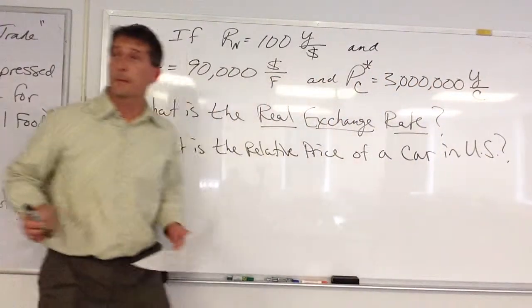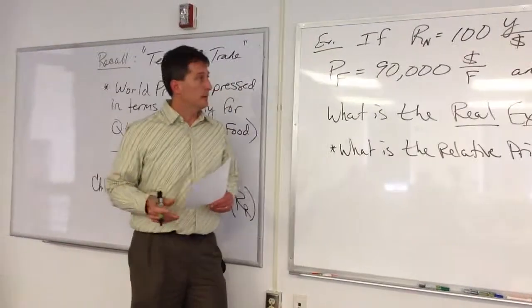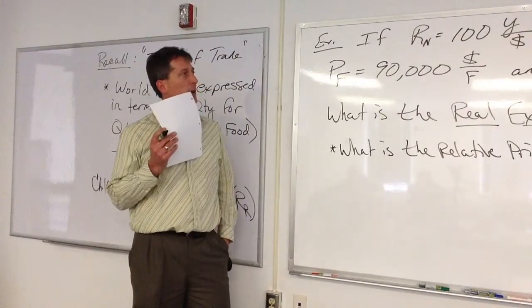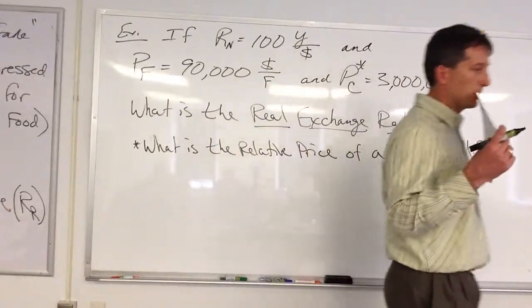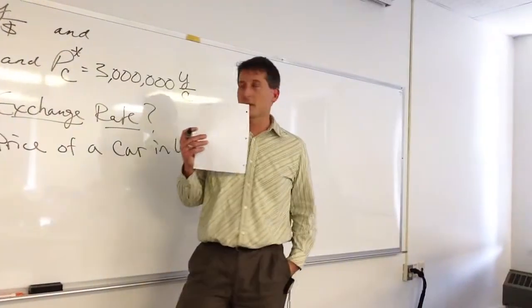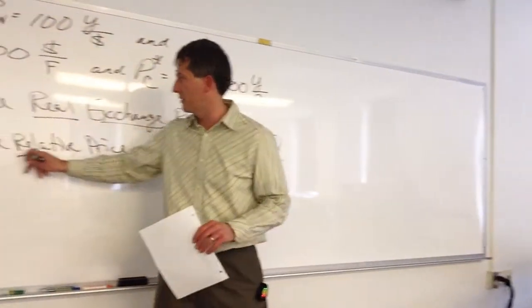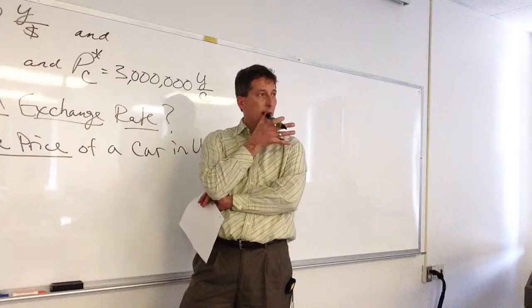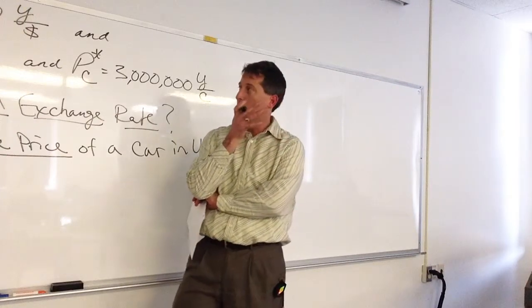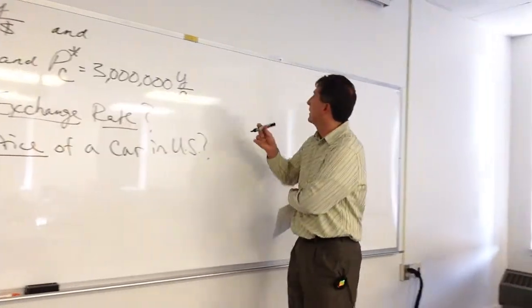What's that? You ever do it solely on the amount of production? Yeah. So if I bring the car over to the United States, I can start to create the relative price, what I can buy of one good compared to the other, right? So we've done this before in micro class.